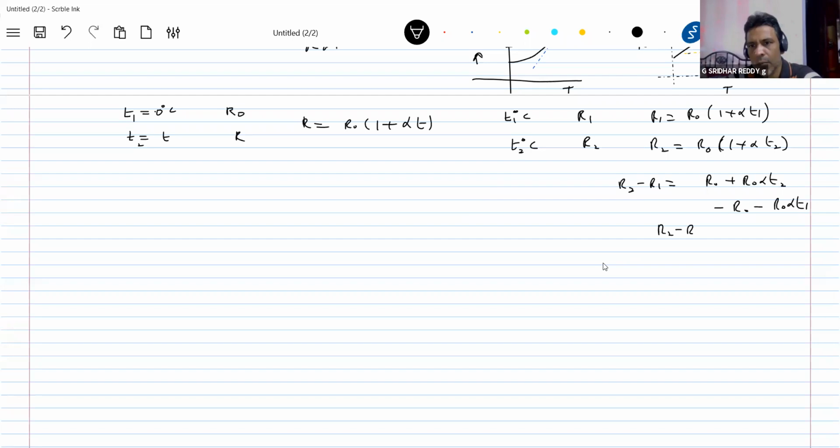So R2 minus R1 should be equal to R naught alpha (T2 minus T1). I think it's the same very basic definition, no? Delta R is equal to R naught alpha delta T. Temperature, I'll make it a capital letter, because again, you may get confused with time.